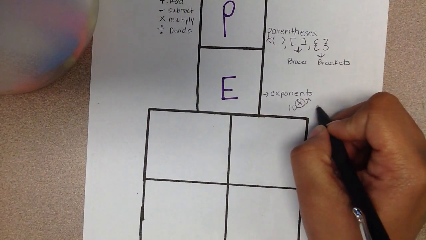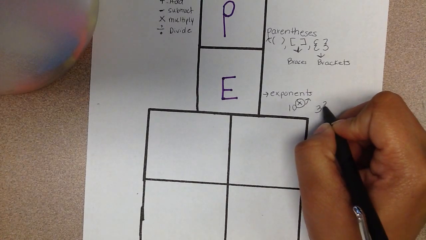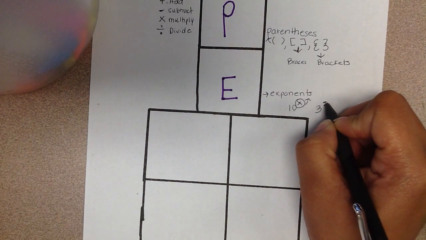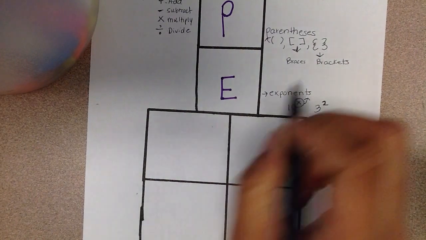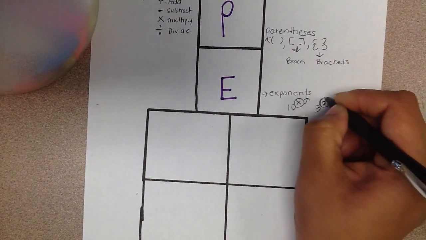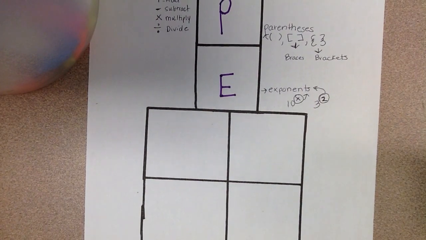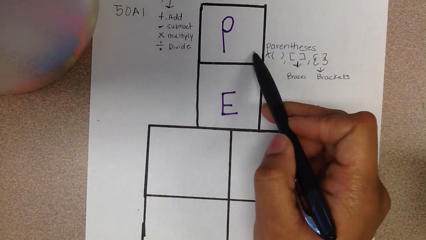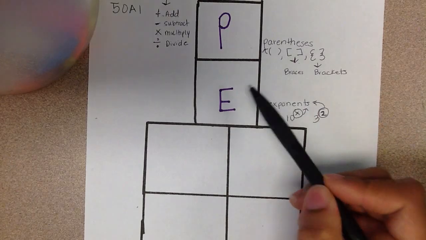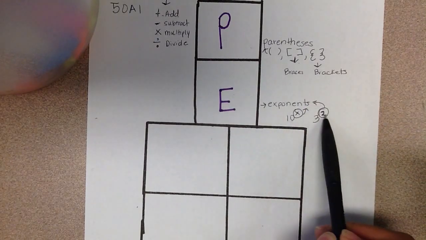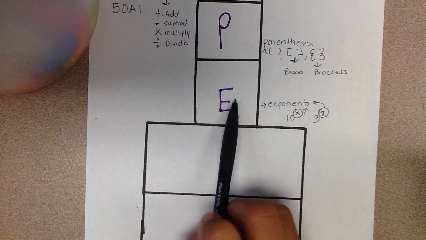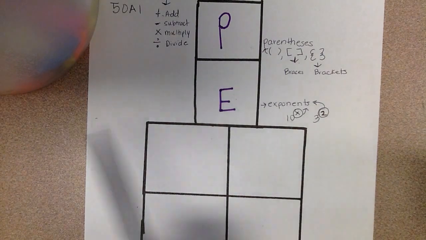You could have the number 3 to what we call the second power. That's how we term exponents. So this little 2 right here up in the corner is meaning an exponent. Okay? So when we're solving a problem, if we see parentheses, we solve that first. Then if we see exponents, or a number with a little number in the corner, we solve that second. Okay, so we've got a P and we've got an E.